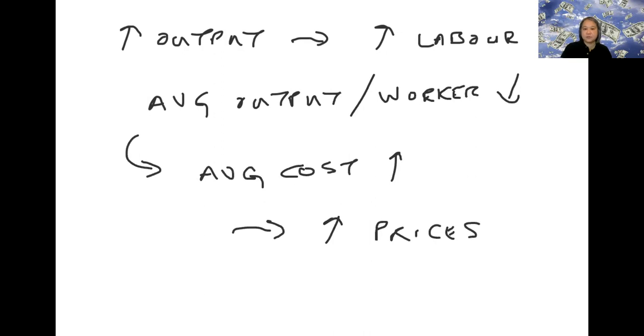Now, if all businesses in the economy have this type of relationship in the short run between average cost and output, and therefore prices, then the only way that business owners would be willing to increase output is by raising prices.